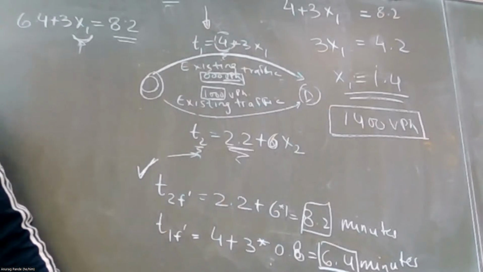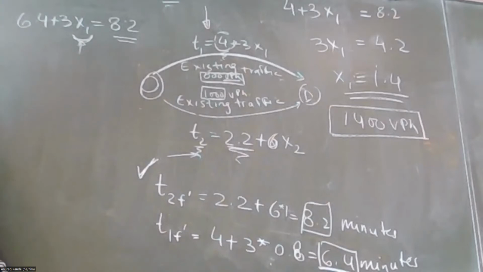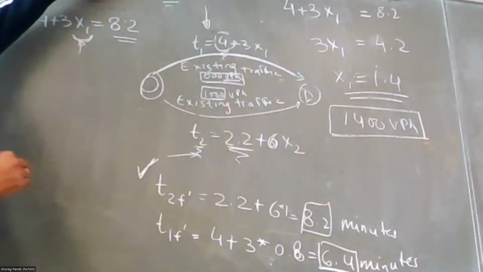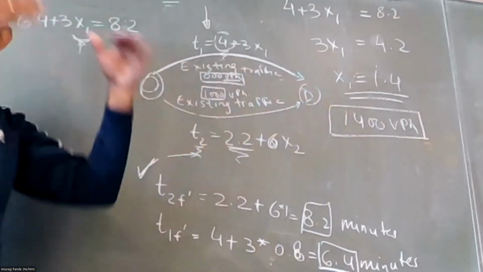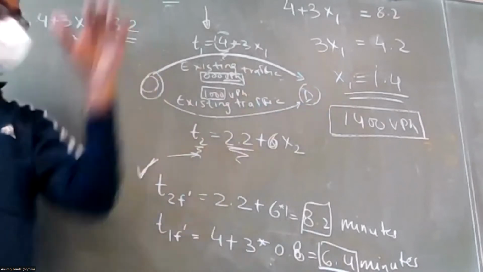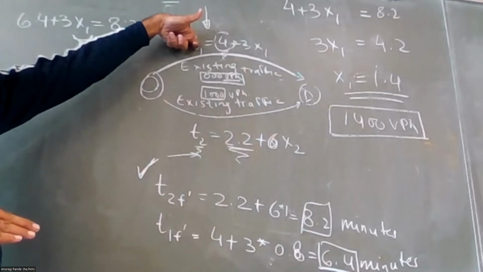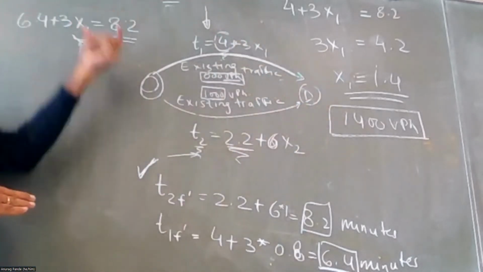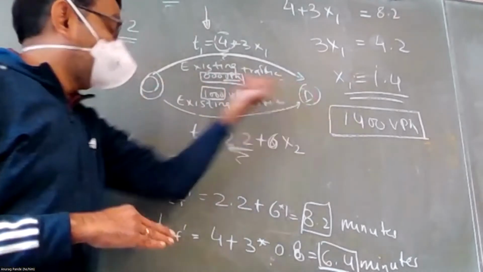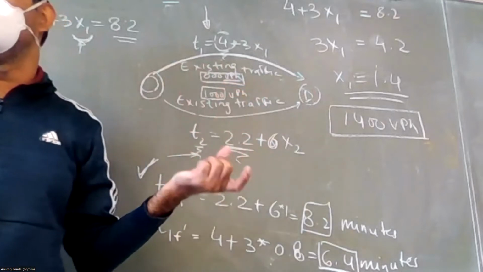Yes. Okay. So we got the 1400, and we are subtracting the 800 of existing traffic? Yes. For the demand that goes between this origin-destination pair, until that demand exceeds 600, only this route will get used by that demand. So the threshold for this OD pair is 600 vehicles per hour.